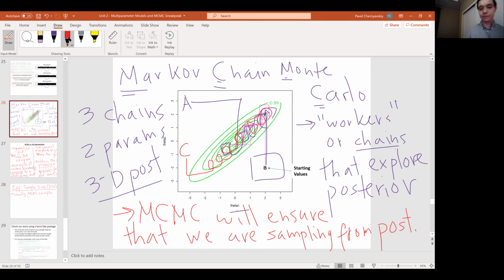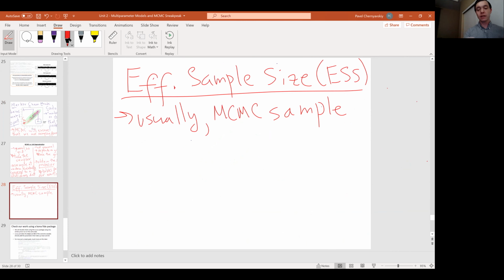To see that, the position here is correlated to where you were before. Using relatively simple MCMC techniques, your subsequent positions inside the posterior tend to be correlated. To what degree, that is the question. So usually, successive MCMC samples are correlated.